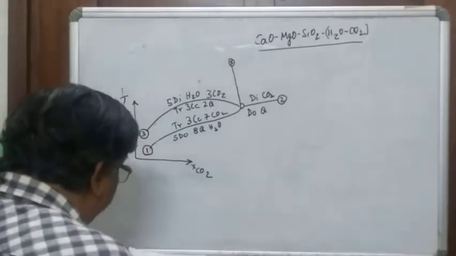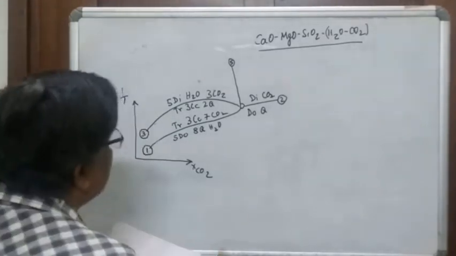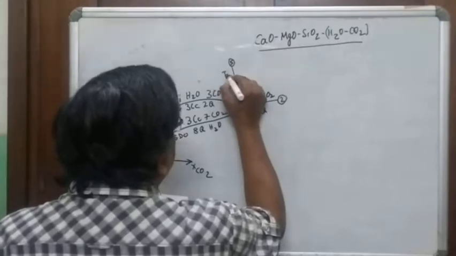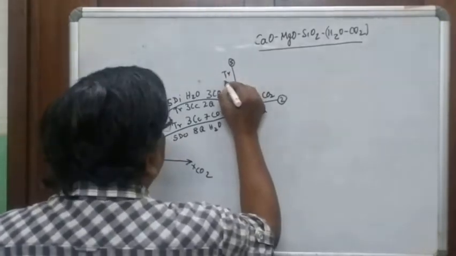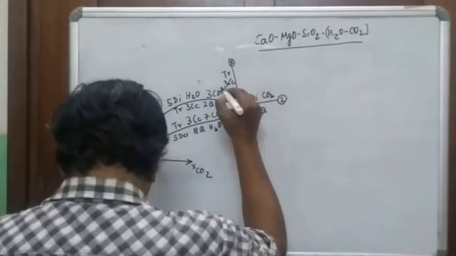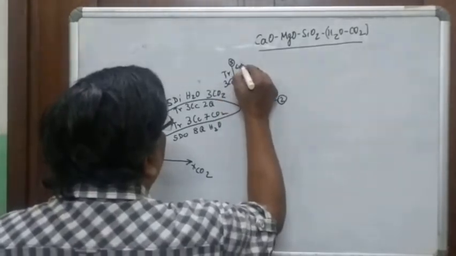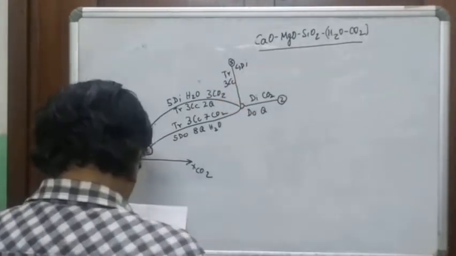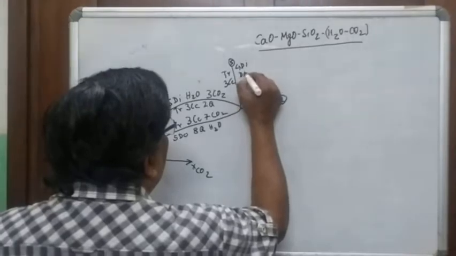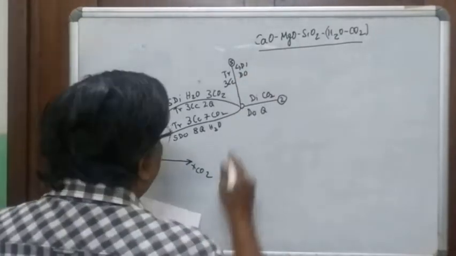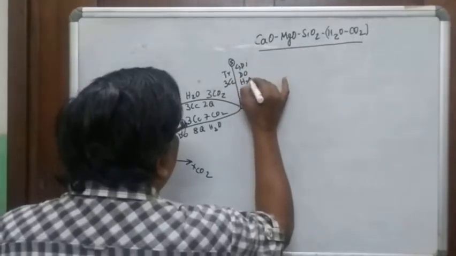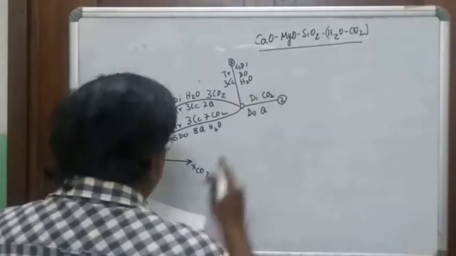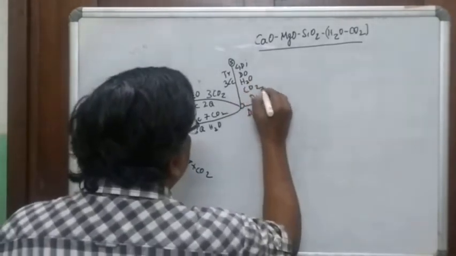And then we have the reaction 5, which is tremolite, 3 calcite, 4 diopside, dolomite, H2O, and CO2.